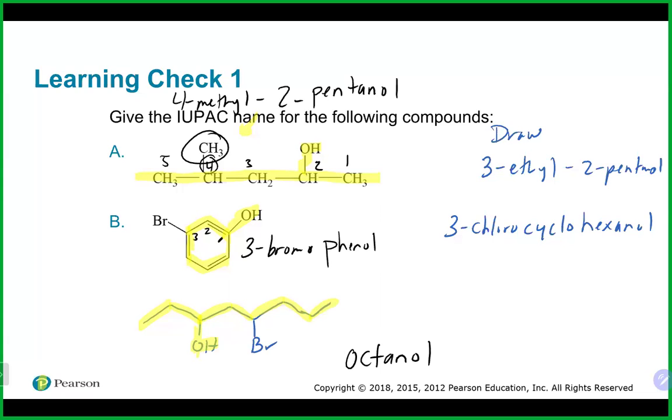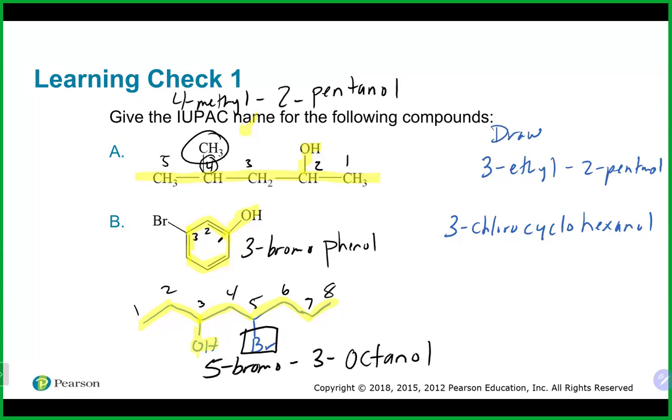And again, just looking at it, you hopefully should see left to right here will give that OH the smaller number. And that is now going to be 3-octanol as the location of the OH group. And that would then put our bromine there at carbon number 5. So that would be 5-bromo-3-octanol. Questions on that particular one there?